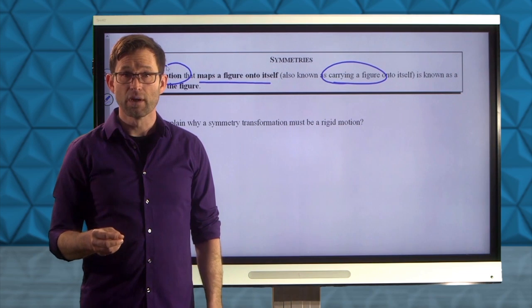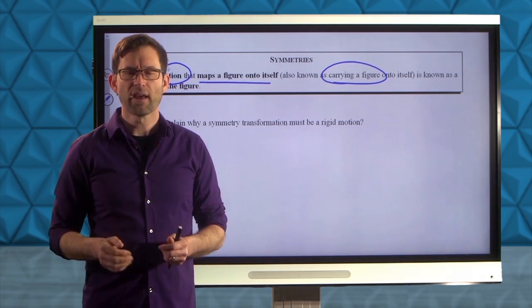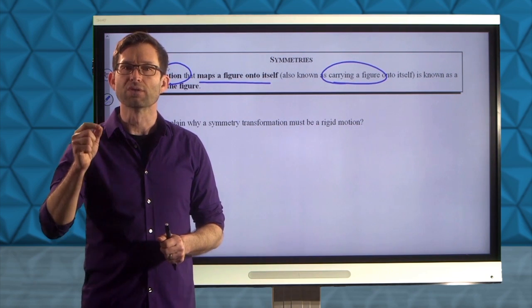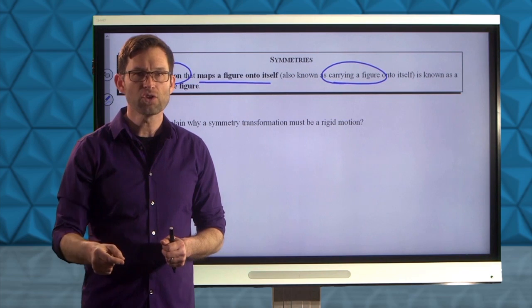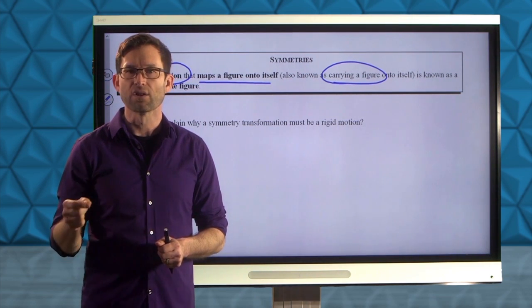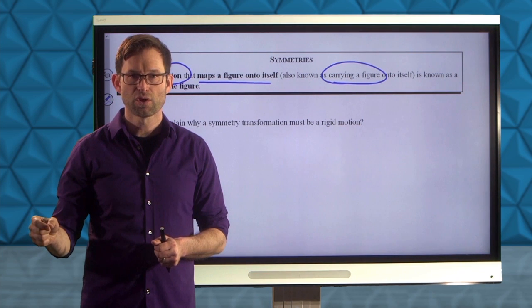Specifically a transformation that when you look at the image of the object after you've transformed it, it looks exactly the same as the original. It's in the same location, it hasn't moved, it hasn't altered at all from the pre-image to the final image.